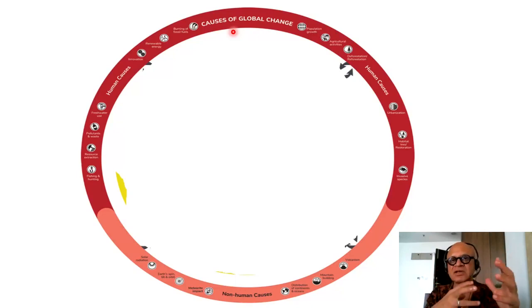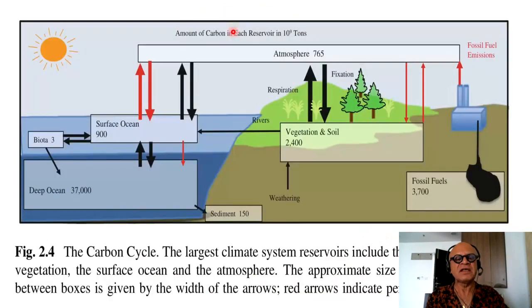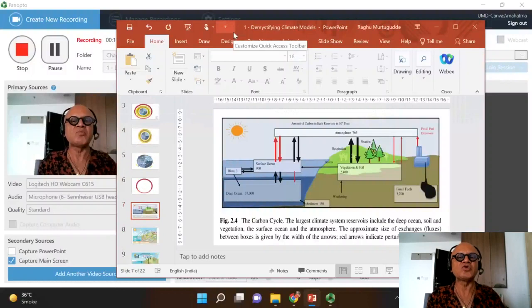So events, frequencies, distributions, probability density functions of various features like cyclones, their intensification rates, or duration, intensity, and frequency of monsoon, active and break periods, and so on and so forth. So it's a very large range of things we want to model.